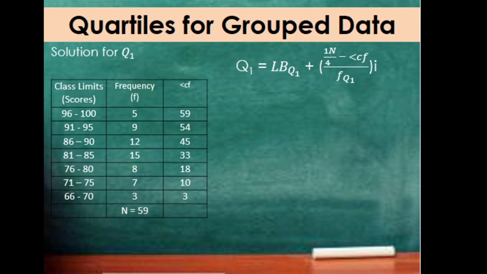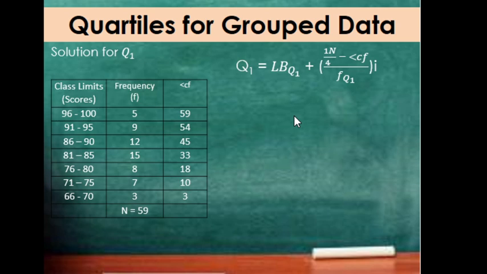So, from that given formula, we're going to substitute 1 for k since the desired quartile is Q sub 1, or the lower quartile. All the k's earlier need to be replaced with 1 because what we need to compute here is quartile 1.